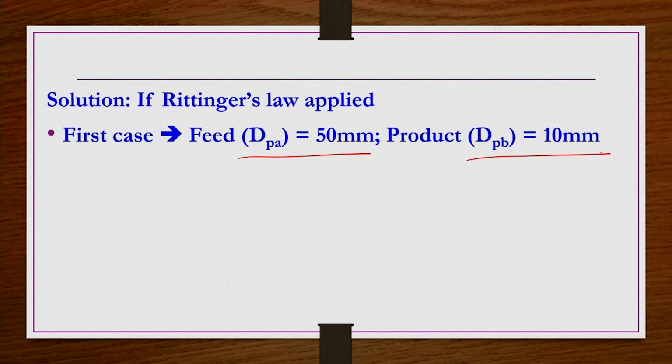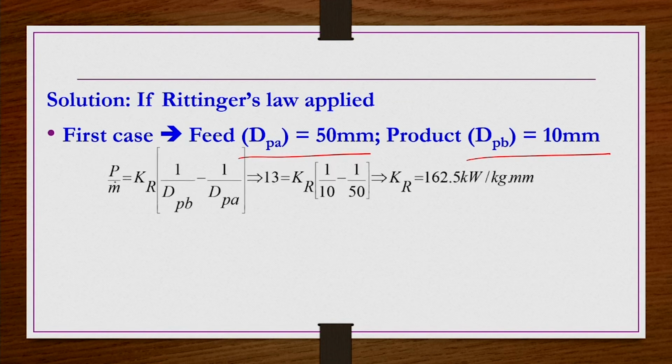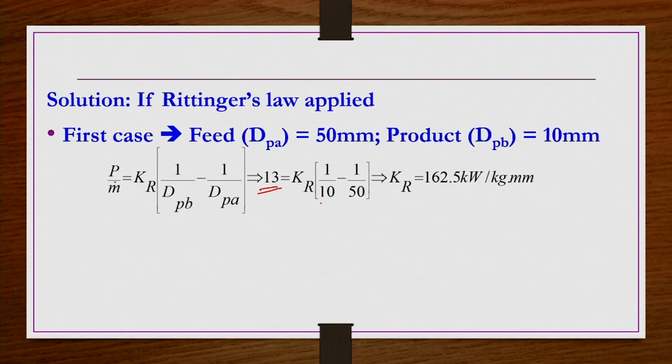Apply Rittinger's law, P/m dot equals Kr multiplied by (1/dPB minus 1/dPA). P/m dot is given as 13 kilowatts per kg per second, dPB is 10, dPA is 50. So here you get Kr equals 162.5 kilowatt per kg mm.